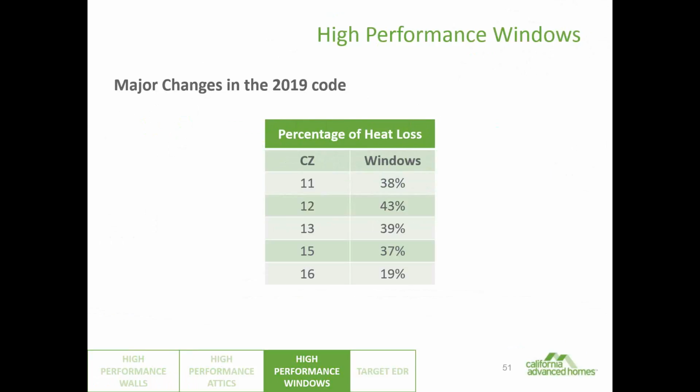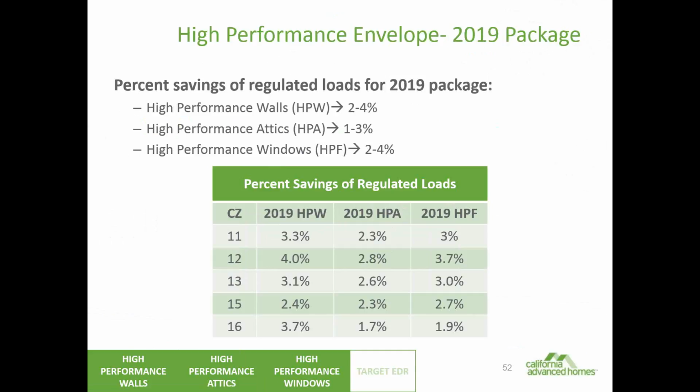So windows are one of the new frontiers. So the packages and what this kind of looks like now for 2019. High performance walls are going to decrease energy use 2 to 4% or so. Attics are going to do another 1 to 3, and windows another 2 to 4.